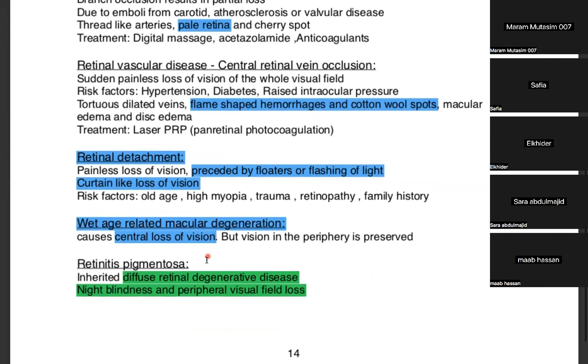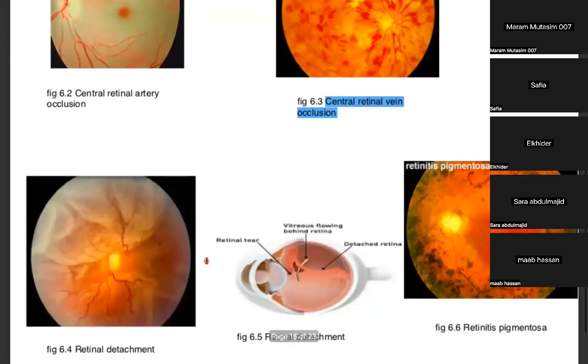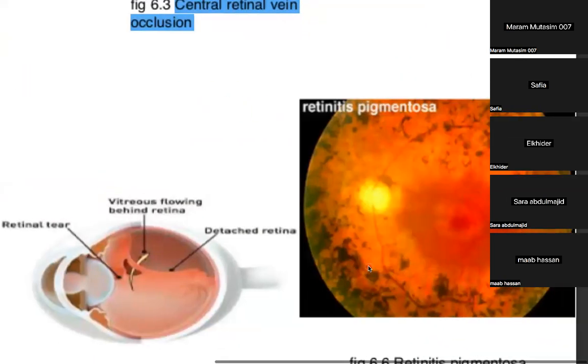In retinitis pigmentosa, this is an inherited disease, which is basically a degenerative disease. Loss of vision happens as you go. And it's because of, I think, replacement of the eye by pigment or something. Like, look at that. The pigment here gets black. And because of that, the eye cannot see anymore.